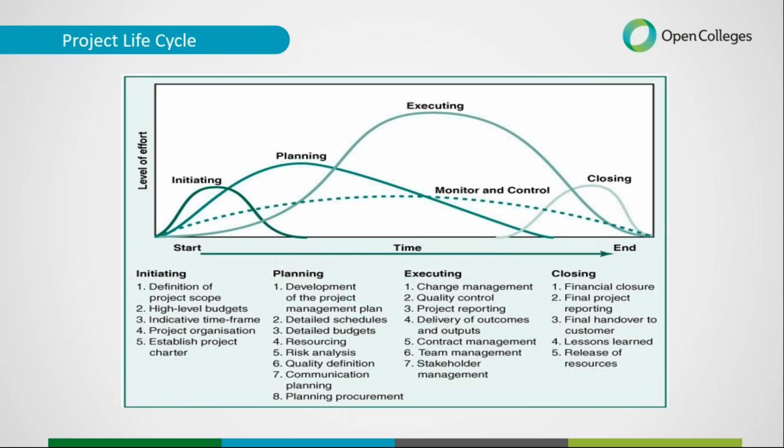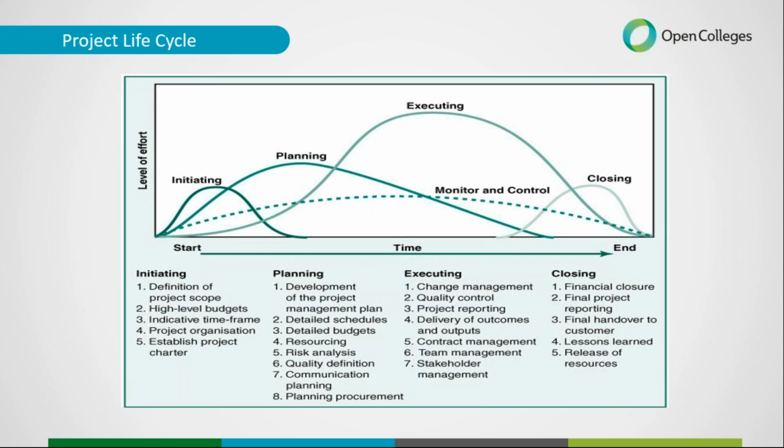The second stage is the planning, which is a massively important part. If we don't plan correctly, we run into all sorts of issues once we get into the work of the project. But in the planning, we look at things like developing our schedule and our budget, looking at our resources, analysing risks, working out our quality and procurement needs, and all those sorts of things. So the planning is a really important stage.